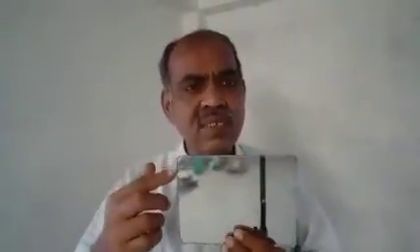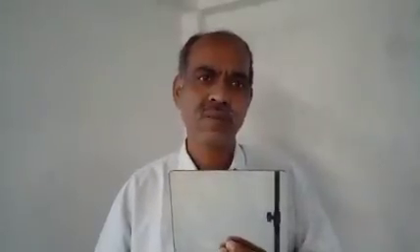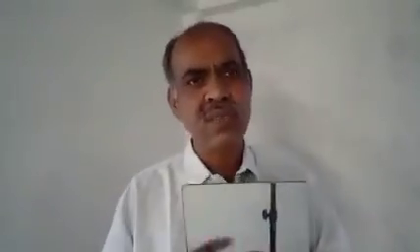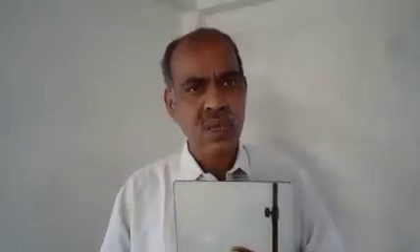So half into L into 300 G by L. What is the result? Upper L and lower L cancel each other, and half into 300 G is 150 G. That way also you can calculate the total load.